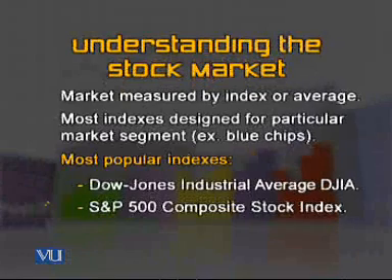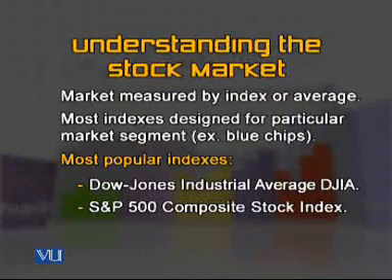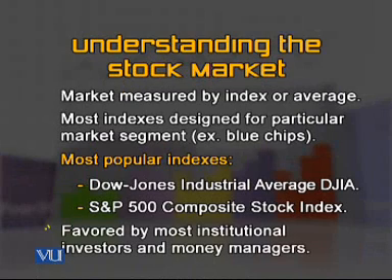We also have the S&P 500 Composite Stock Index as an international trendsetting indicator of where the stocks of the world are going. S&P stands for Standard and Poor's, and the 500 reflects the companies in the index. The Dow Jones Industrial Average and S&P 500 Composite Stock Index are favored by most institutional investors and international money managers.